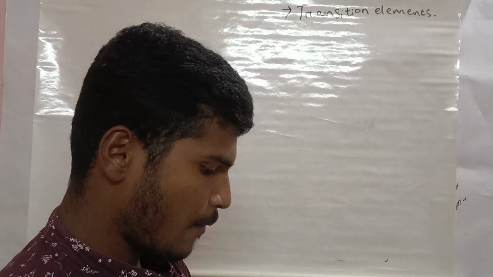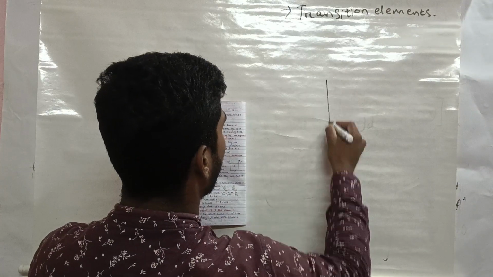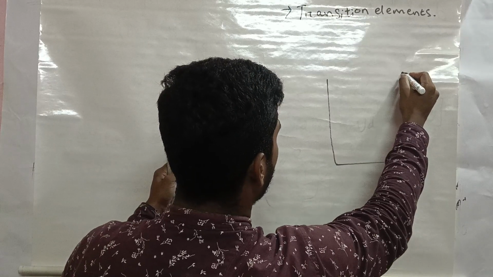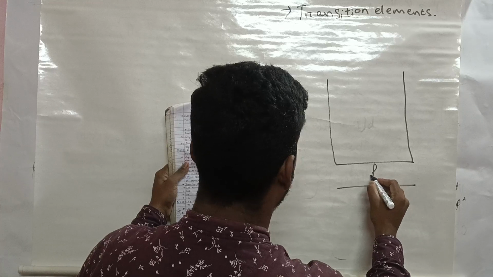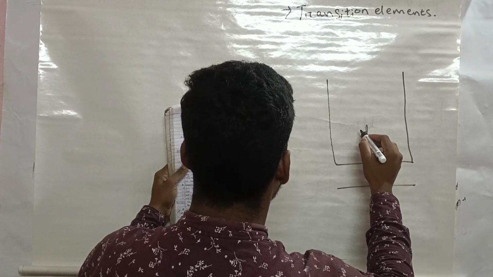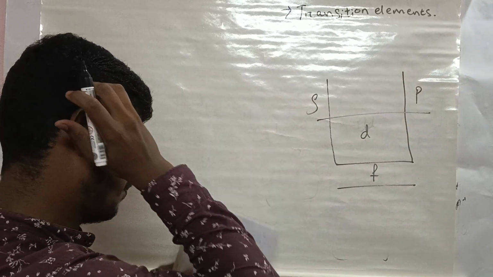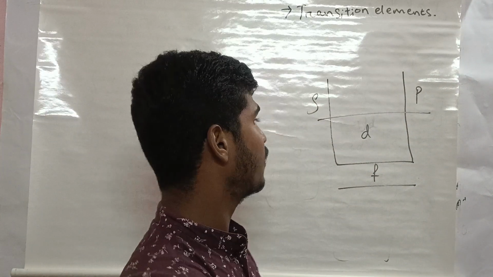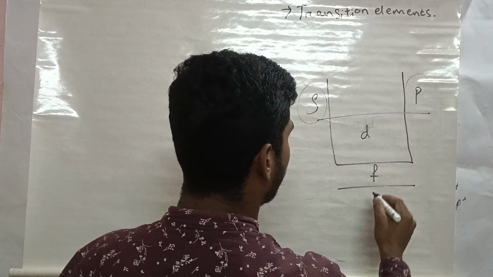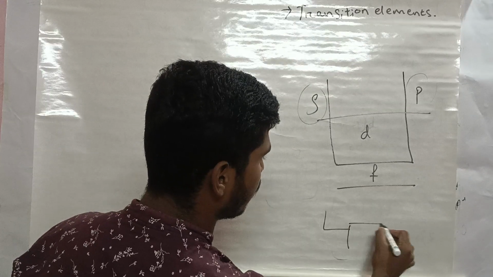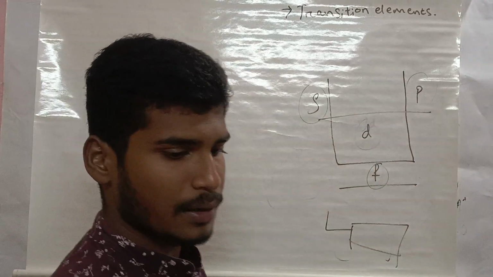See, the structure is like that. The D block is there, and the S and P blocks. We have seen in the periodic table the structure is like that. The S block elements are here, the P block is here, the F block is downward, and the D block is in the middle.